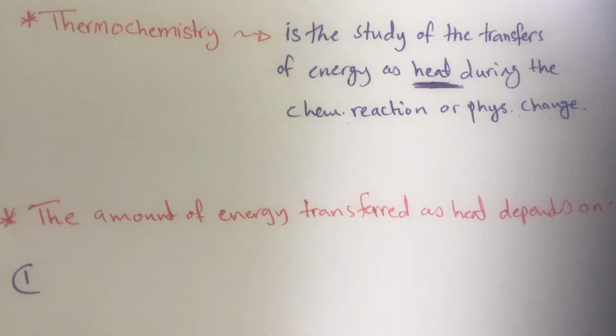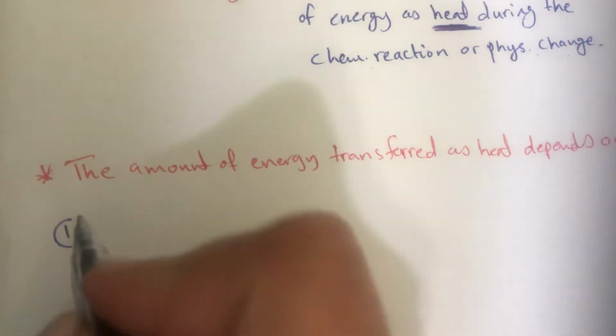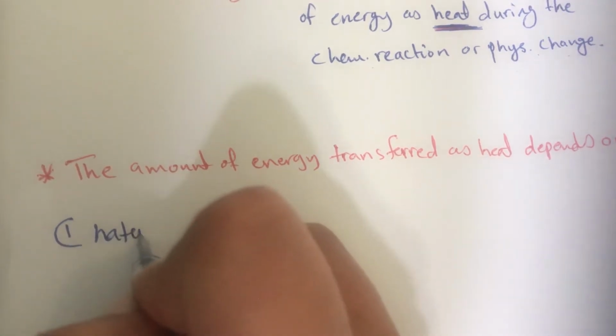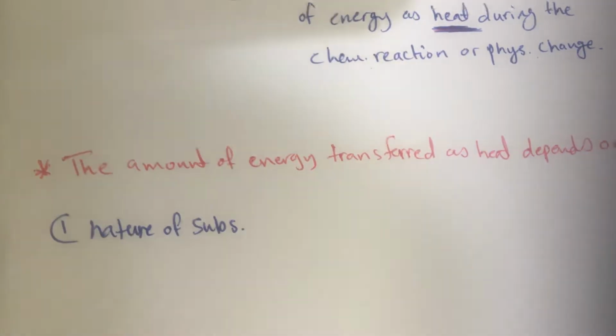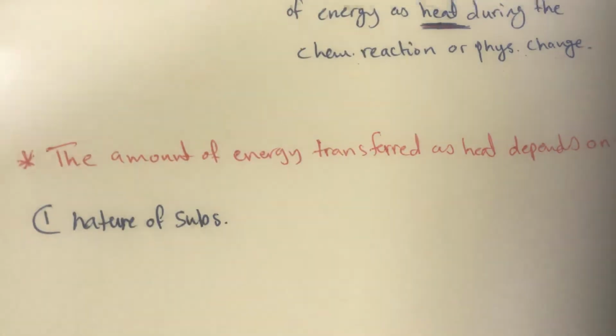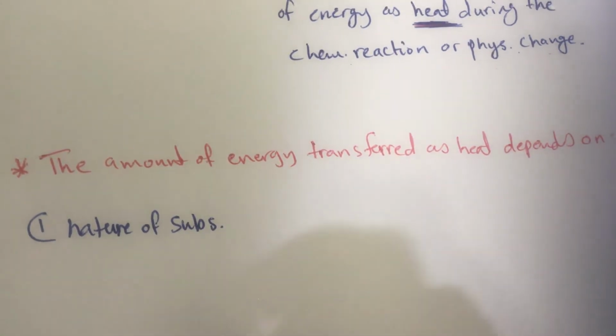If you add hygiene to your hand, you observe that it will dry faster than if you add water, for example, in your hand. So the amount of energy transferred as heat depends on the nature of the substance. It depends on the intermolecular forces between molecules in the compound. So the first factor is the nature of the substance.